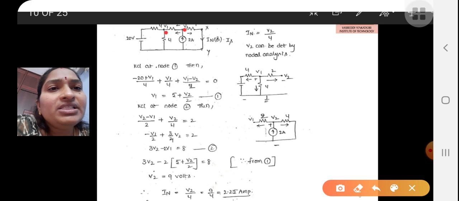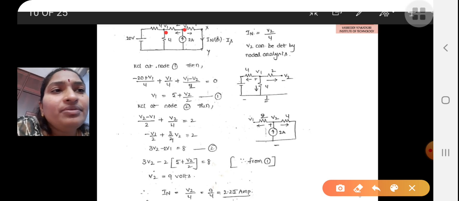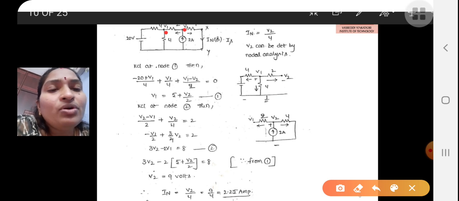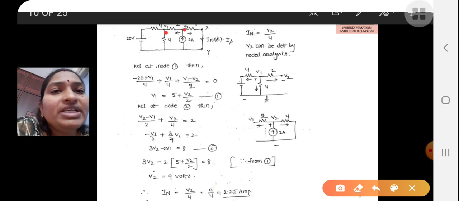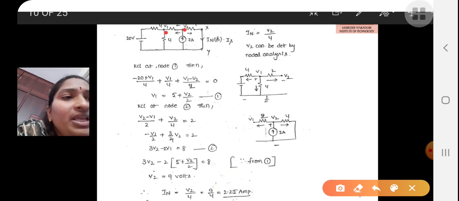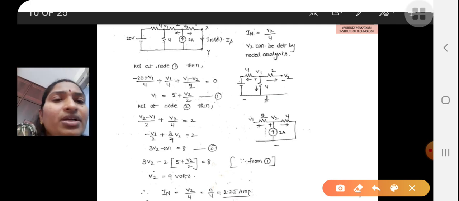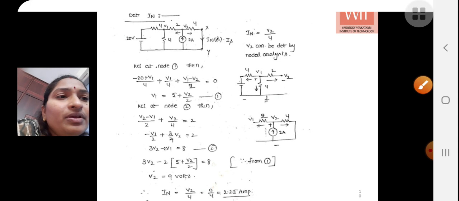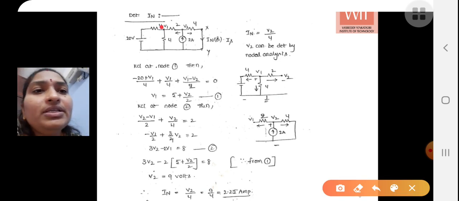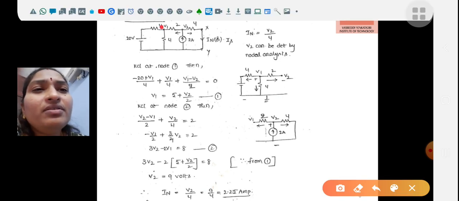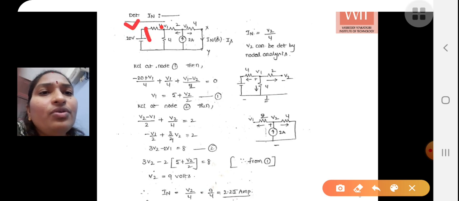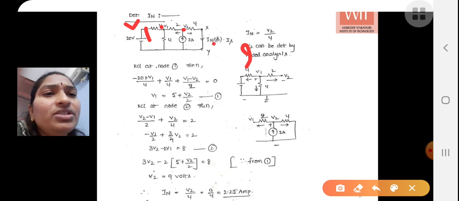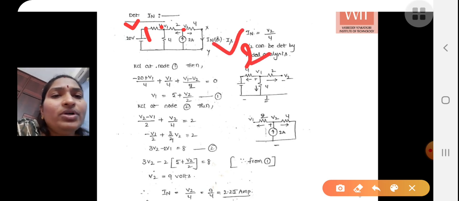Let the node 1 voltage be V1 and the node 2 voltage be V2.